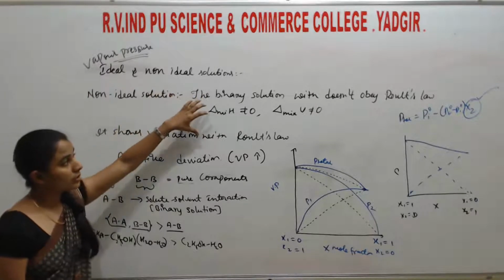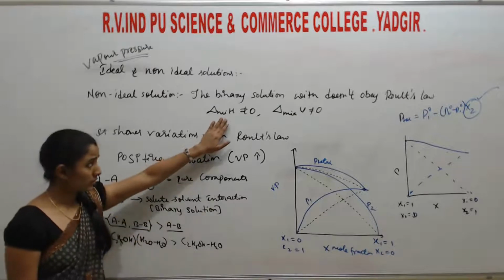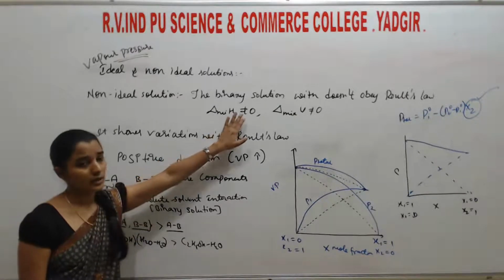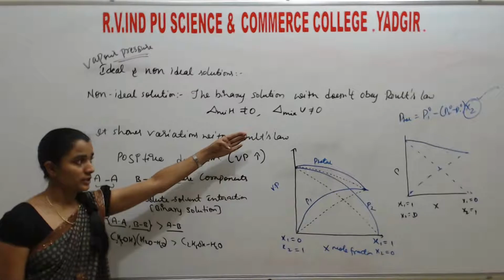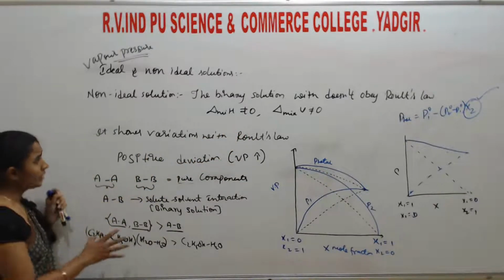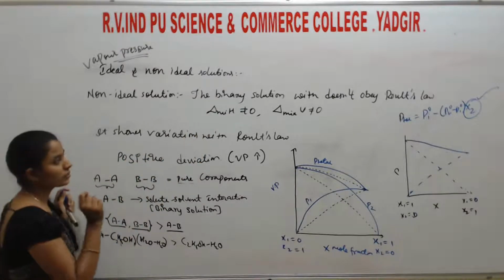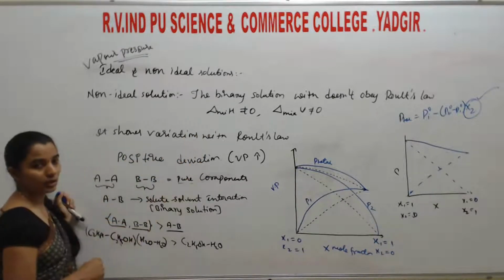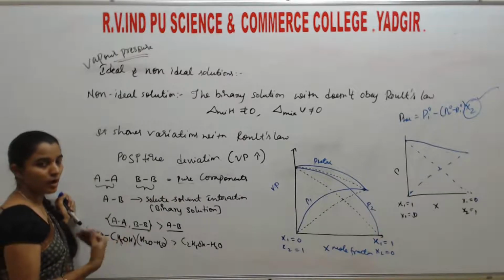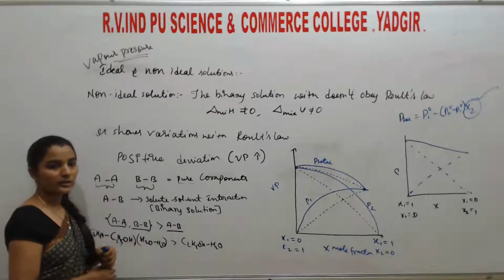It is a binary solution which doesn't obey Raoult's law. Here, the change in enthalpy is not equal to 0, and the change in volume is also not equal to 0. So it doesn't obey Raoult's law, and of course it shows some variations from Raoult's law, whether positive or negative, depending upon the nature of the solute and solvent particles.